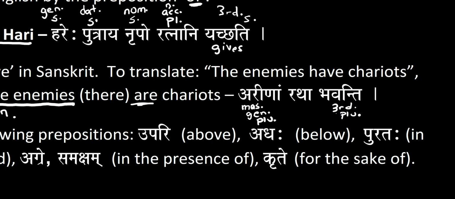There are chariots. The reason why this is plural is because there are chariots. The plural is referring to the chariots, not the enemies. Okay? And the word chariots is ratha. So ratha was originally rathaha because it's plural.